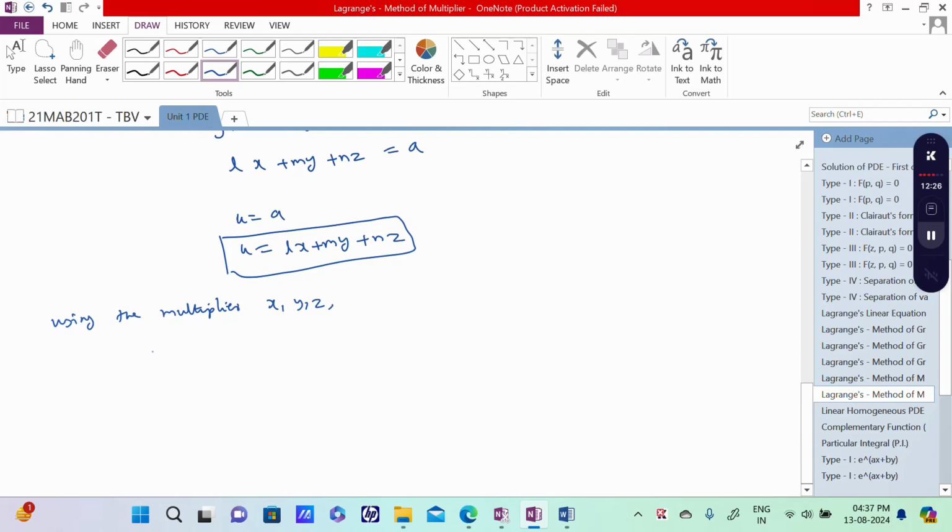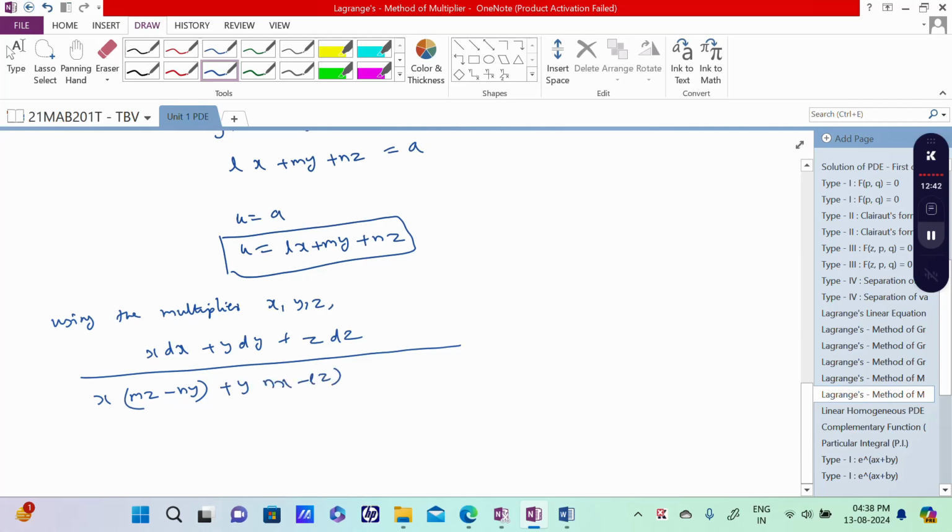Now the ratio is equal to x dx plus y dy plus z dz, whole divided by x into (mz minus ny) plus y into (nx minus lz) plus z into (ly minus mx). This is the above ratio term.